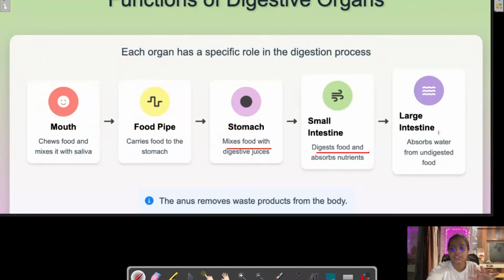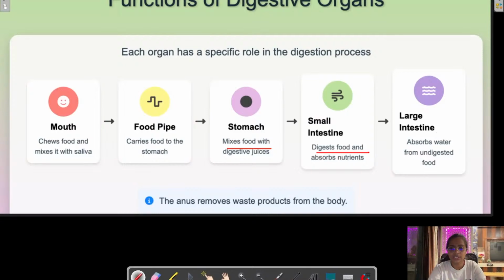Okay, and what does the large intestine do? The large intestine absorbs water, if there is any water present in that food, and whatever things are present which are waste, which are not needed by the body, will be removed from the anus. Okay, waste products from the body are removed by the anus.